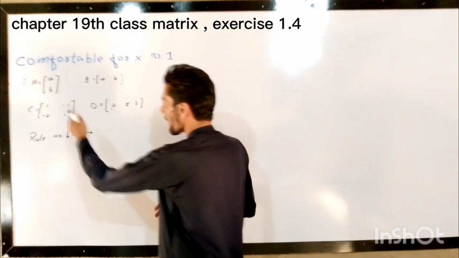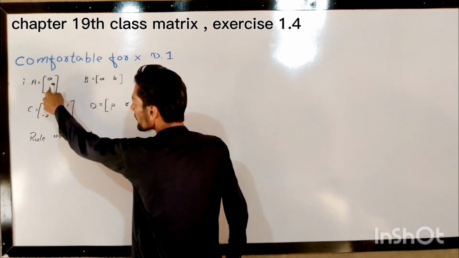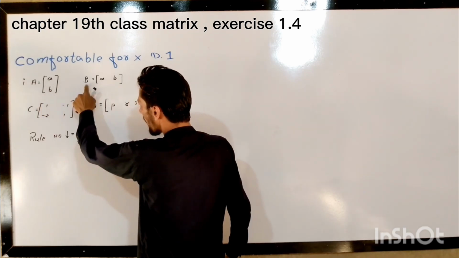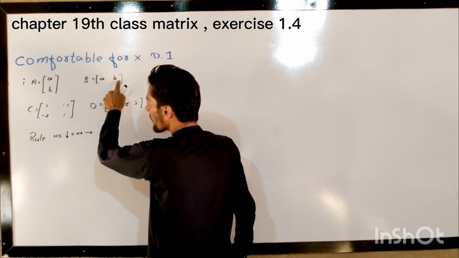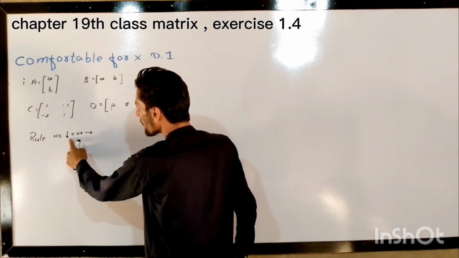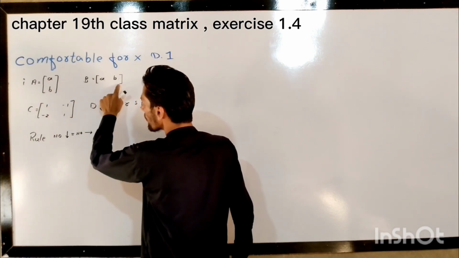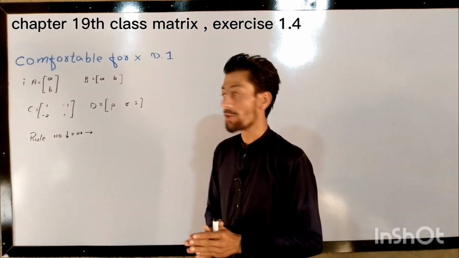The first one is A and B. Here I have just one column and two rows. If I look over here, there I have one row and two columns. So here the number of columns will be equal to the number of rows. So I have one column, one row. A and B are capable of multiplication.